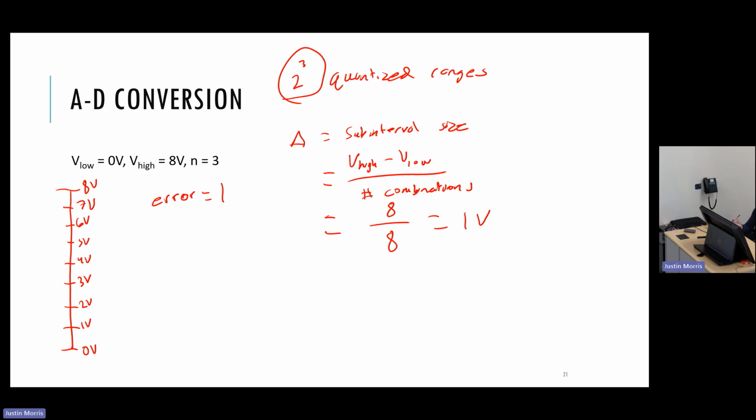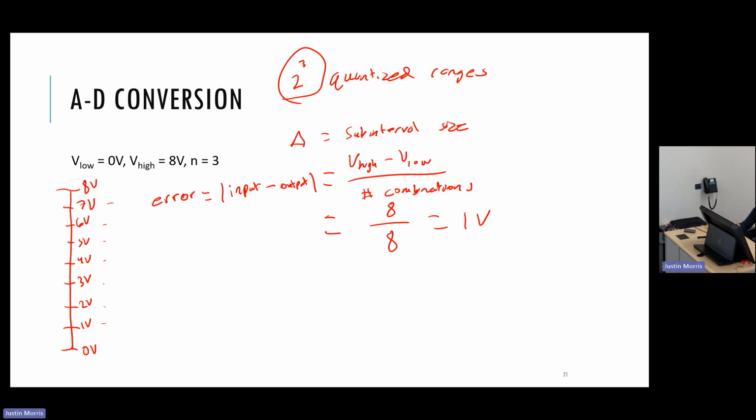The difference of the real input minus the output of this ADC. And I'm going to take the opposite value. Because this ADC can only output 1 volt, 2 volt, 3 volt, 4 volt, 5 volt, 6 volt, 7 volts. That's all it can do. It can't do anything in between.